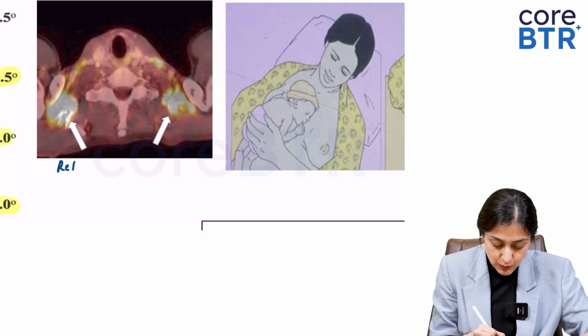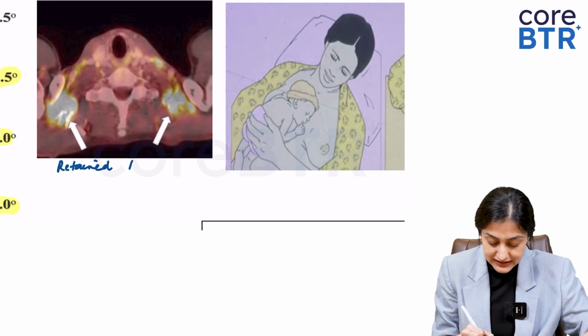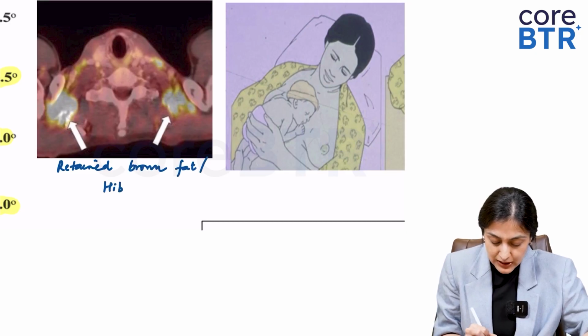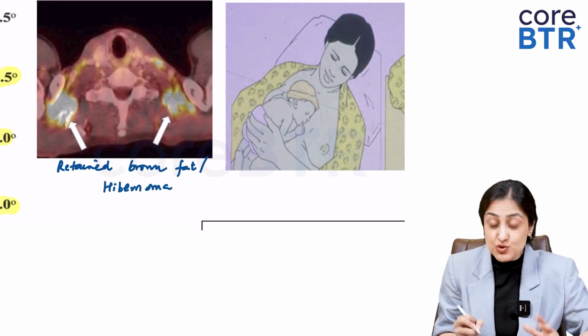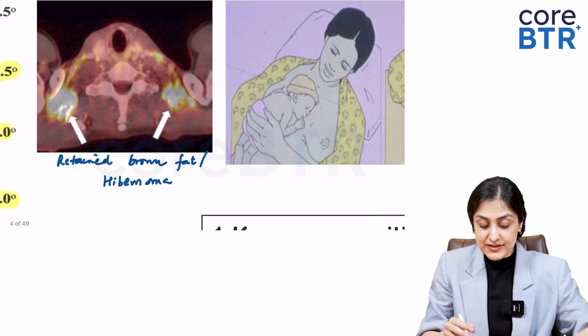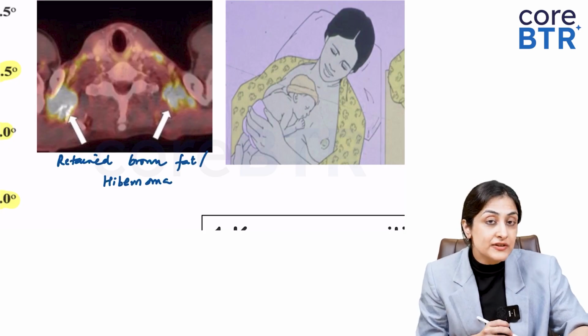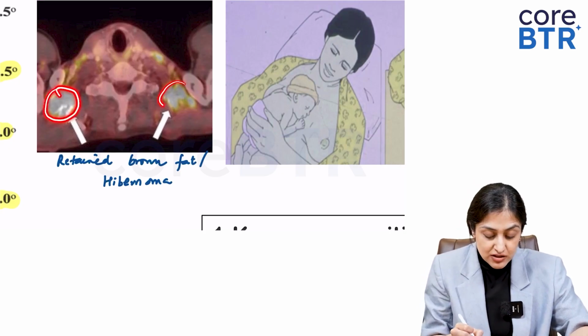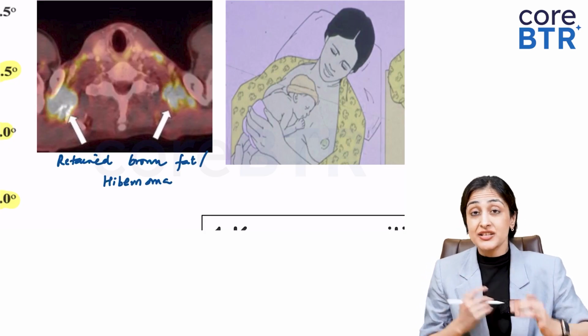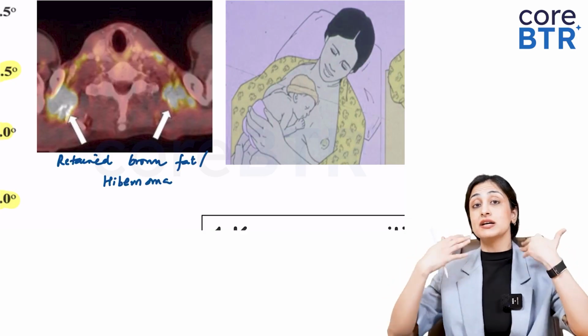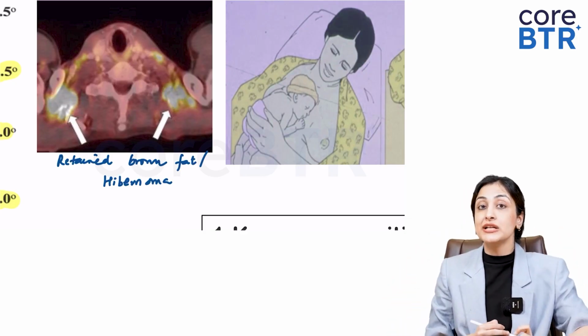So this is what is retained brown fat in adults, and this is what is called hibernoma. Okay, so it can act as a pseudo tumor, because look at this, this is a PET scan, and you know PET CT detects metabolic activity. So we are seeing two symmetrical hotspots here, but the site around the neck, right, is where brown fat is commonly there.